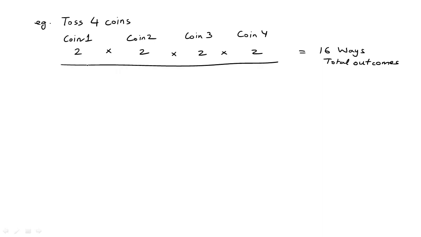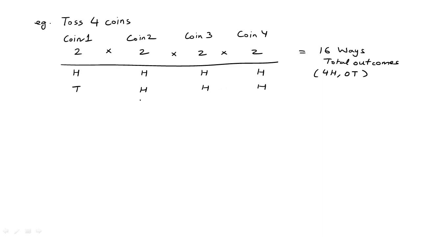One distribution is when the first one is heads, the second one is heads, third one is heads, and the fourth one is heads. We can label this distribution as 4 heads, 0 tails. Another outcome could be when the first coin is tails and the other coins are heads.